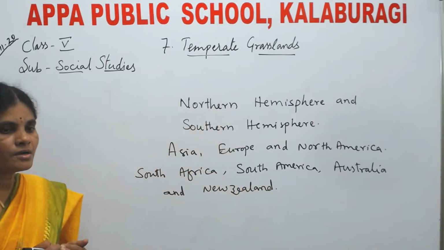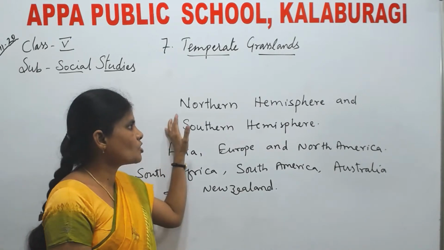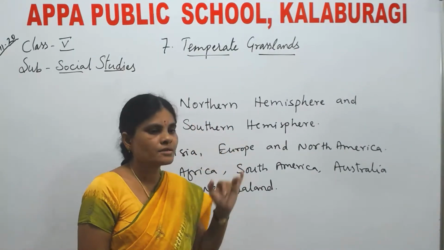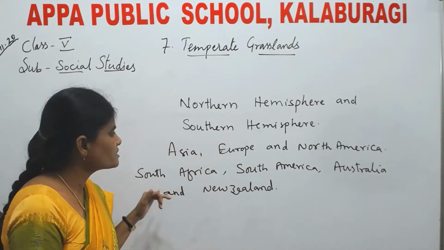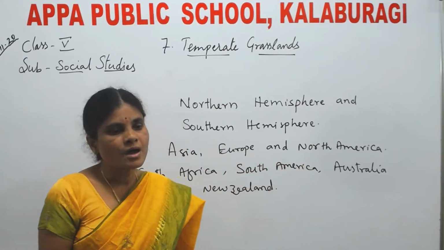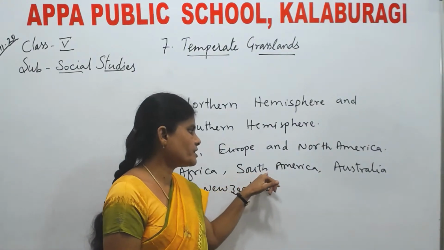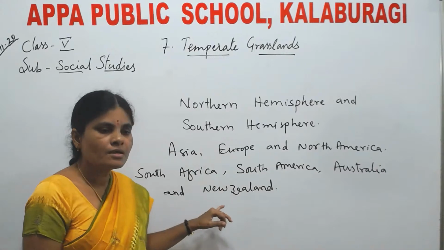Here, the temperate grasslands are located mainly in the northern hemisphere and the southern hemisphere. In the northern hemisphere, they are found in Asia, Europe, and North America. And in the southern hemisphere, they are found in South Africa, South America, Australia, and New Zealand.